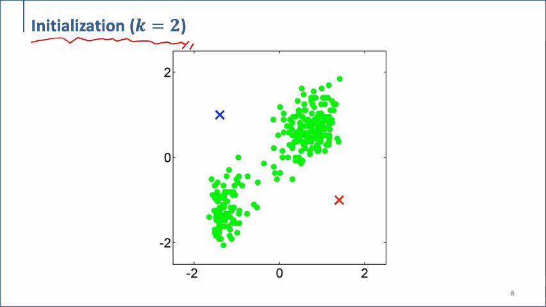For that, we first consider the case where we know the number of clusters, which is k equal to 2. The first step is initializing the centroids. Let's say we randomly select two centers, shown as the red cross and the blue cross.